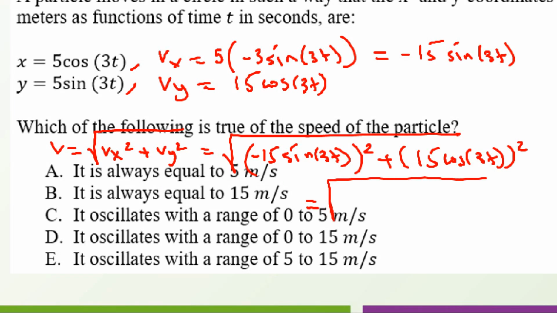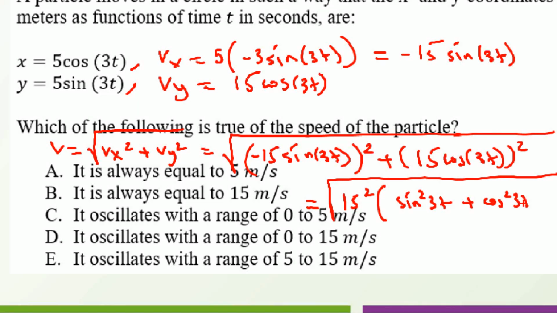The power 2 is for both 15 and sine, and for both 15 and cosine, so we can take 15 squared as a common factor, and the minus sign cancels with the power 2. That gives us sine squared 3t plus cosine squared 3t, and that would be the radical of 15 squared multiplied by 1, which is basically 15 meters per second. So the speed is going to be 15 meters per second.